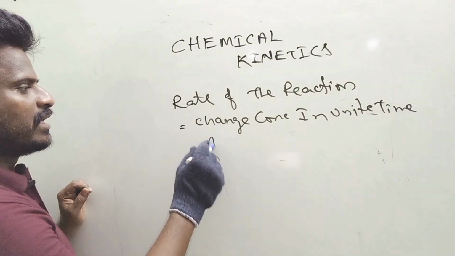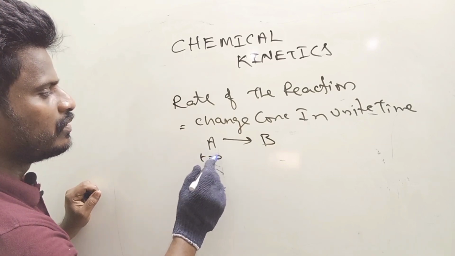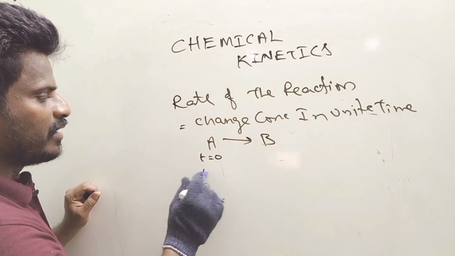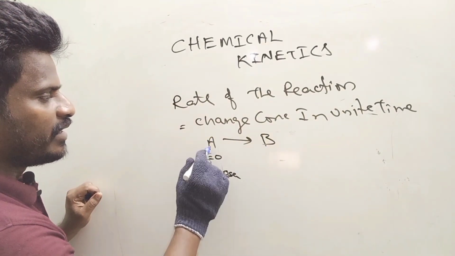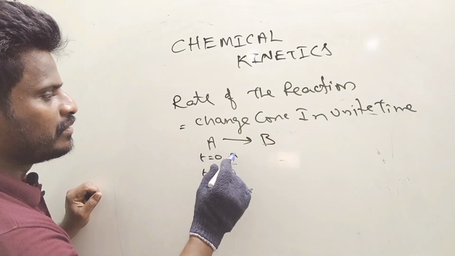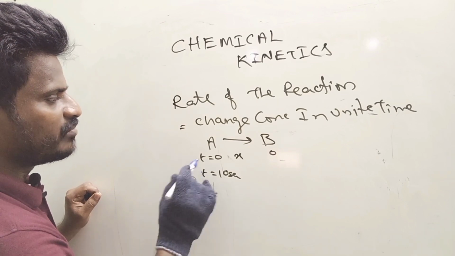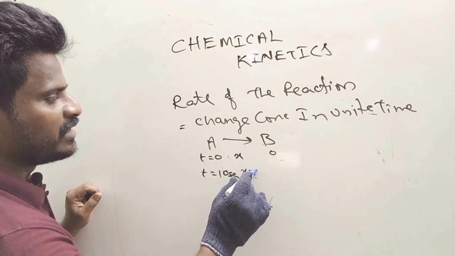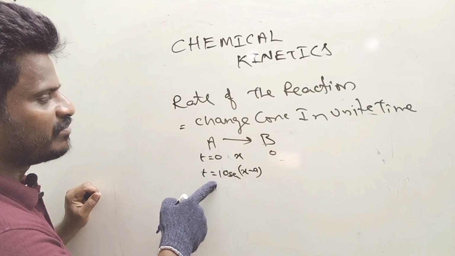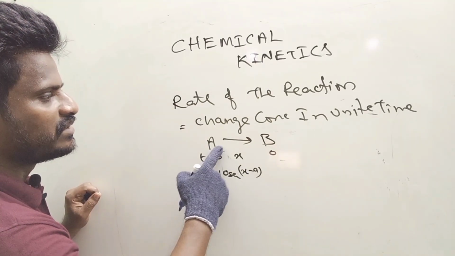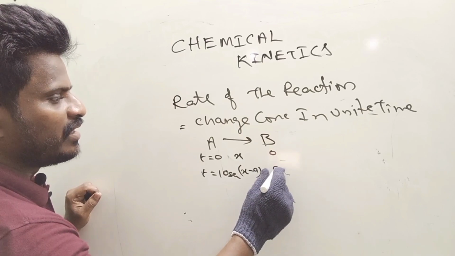So when reaction A gives rise to B, initially at t equal to 0, A has not converted into B. At time 10 seconds, some of compound A is converted to B. At this time the concentration of A is X minus a, and the concentration of B is a. Initially the concentration of A is X. After some time its concentration decreases, and that decrease is converted to B. The decrease is a, so at time t, the B formed is a.